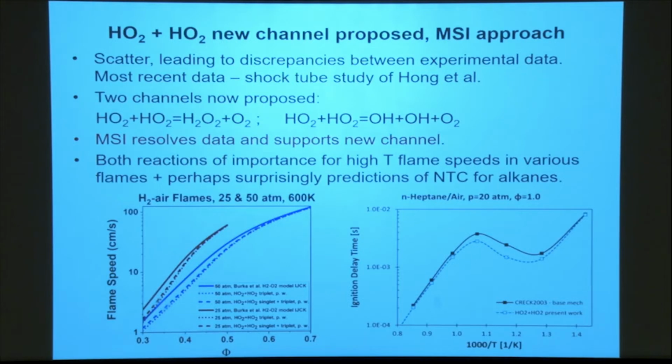And what they've then done is shown how important that might be for flame speed calculations at high temperatures over a range of different equivalence ratios. So particularly in lean conditions, there is a difference between the original hydrogen-oxygen model and the suggestions which include this new channel for HO2 plus HO2.